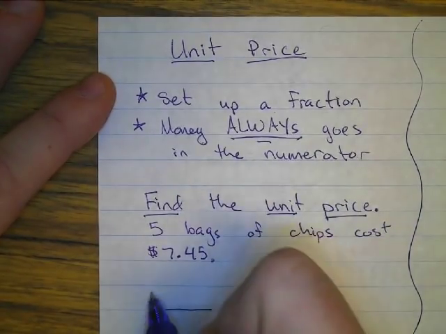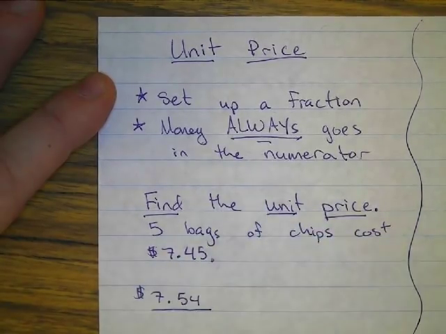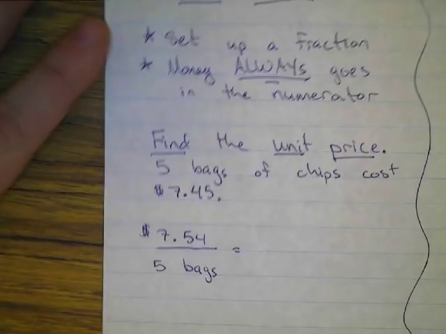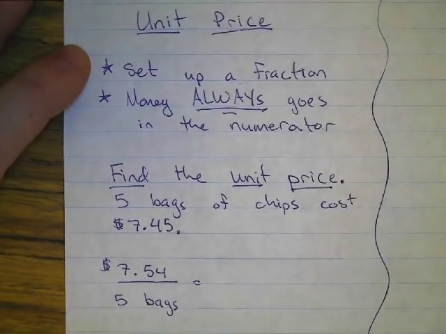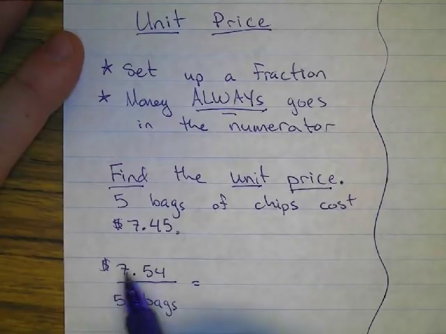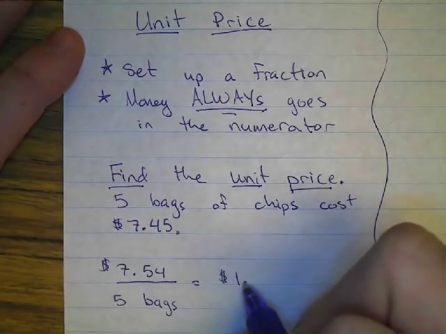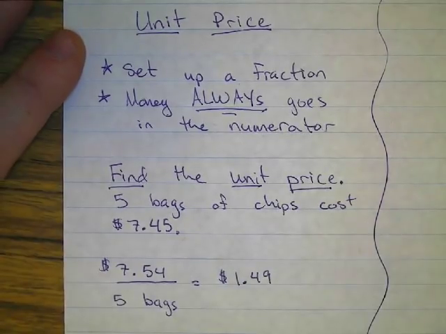So we'll put our money in the numerator, $7.45, and then we'll put our 5 bags in the denominator. Now we just divide these two numbers, 7.45 divided by 5, and we get $1.49.